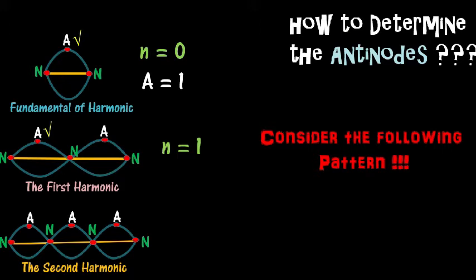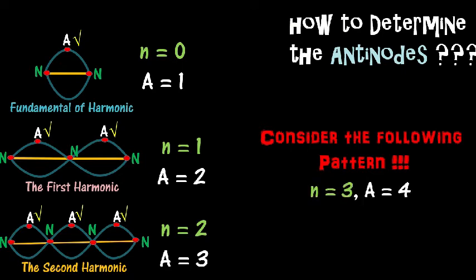If n is 1, the antinodes is 2, and if n is 2, the antinodes becomes 3. We can conclude that if n is 3, the antinodes is 4, and if n is 1000, the antinodes becomes 1001.